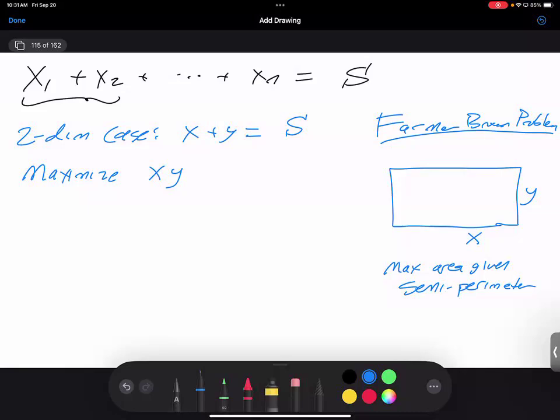So what could I call my function? x times s minus x. And so I have to check how do I find out where this function is maximized? How do I find where f is maximized? Take the derivative.